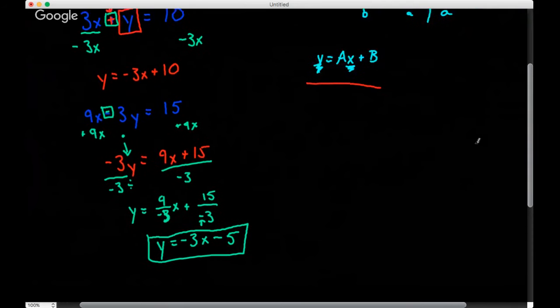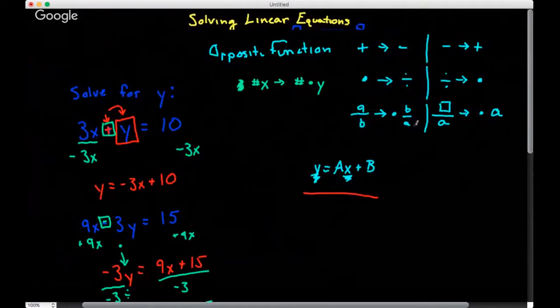All right, so some things you're going to want to keep in mind are the opposite function, and writing out a y equals kind of scenario in y equals ax plus b form. All right, anytime you have a number with a variable, it's the same as saying the number times that variable.